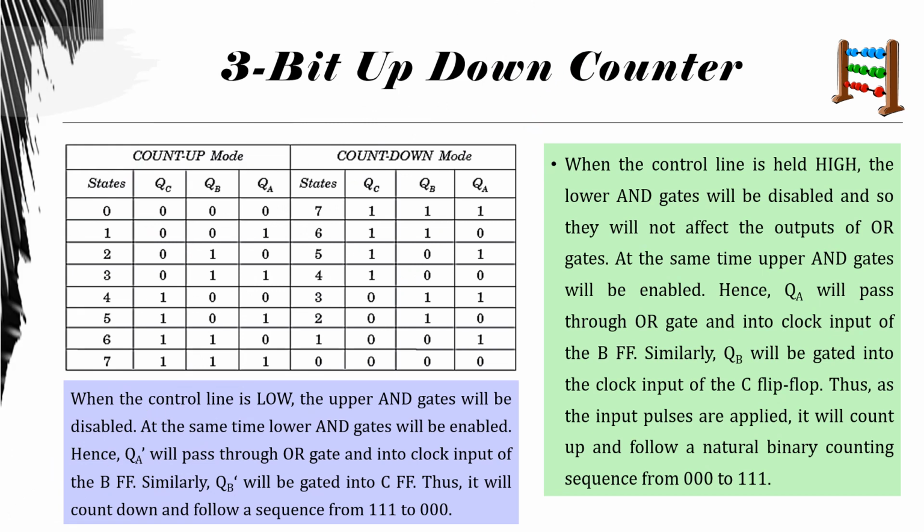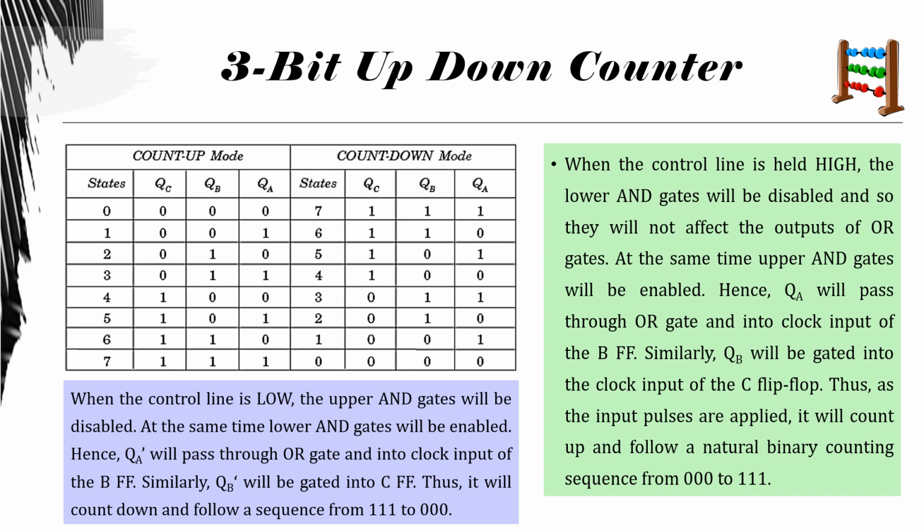Now let's look into the count up mode and count down mode. In the count up mode, we start the counting from the initial state 000 and it continues the counting operation till it reaches 111. Similarly, we can have the down mode also. When the mode line is equal to 1, the lower AND gates will be disabled, so they will not affect the output of the OR gate.